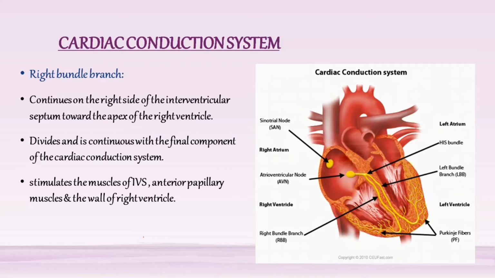It then divides and is continuous with the final component of the cardiac conduction system, that is the Purkinje fibers, after passing through the septomarginal trabeculae to reach the anterior papillary muscle. Now this right bundle branch stimulates the muscles of the interventricular septum, the anterior papillary muscle and the wall of the right ventricle.